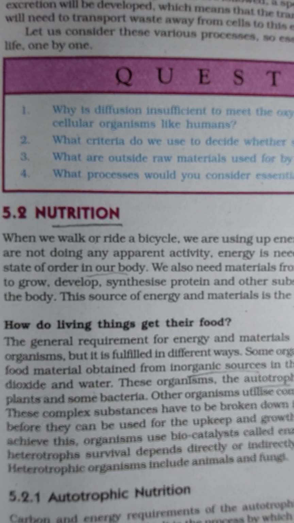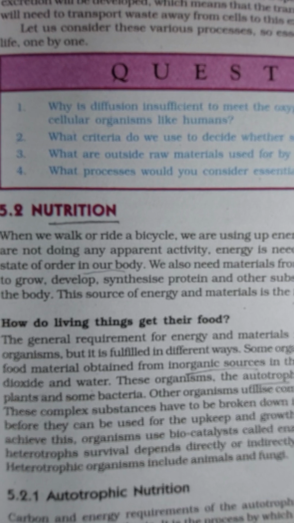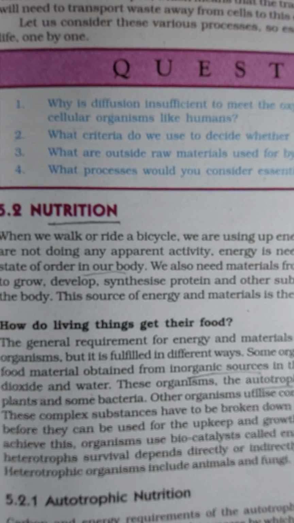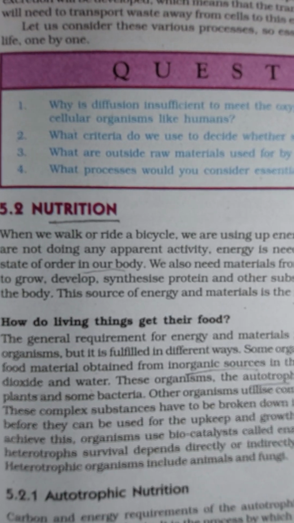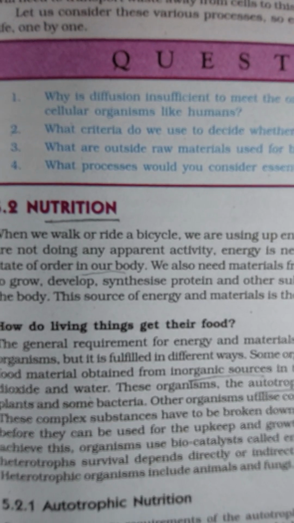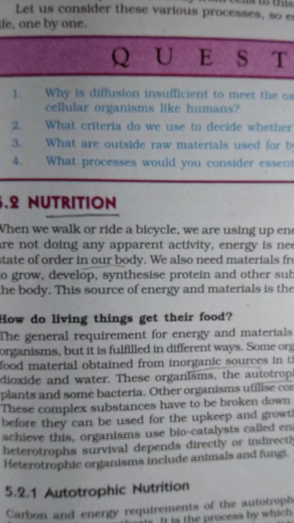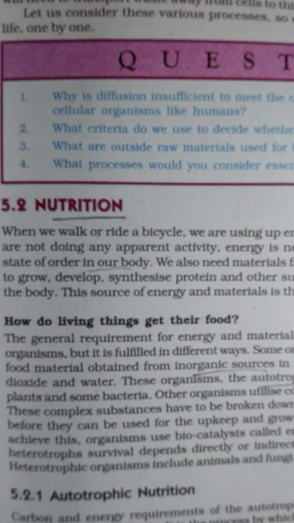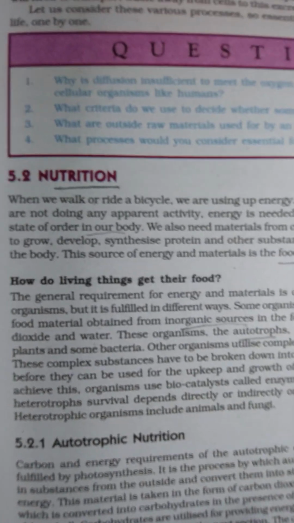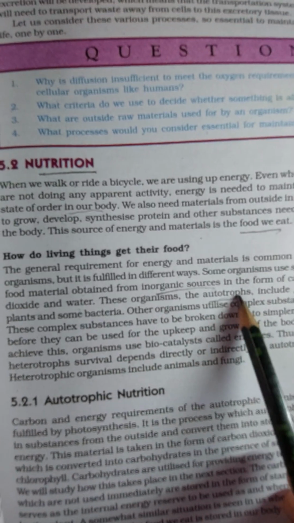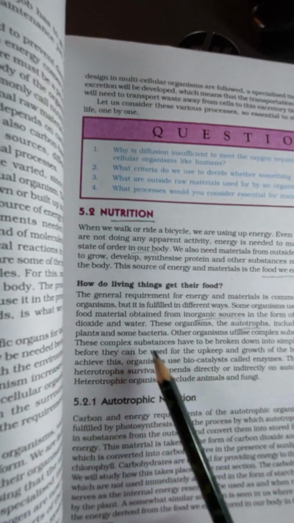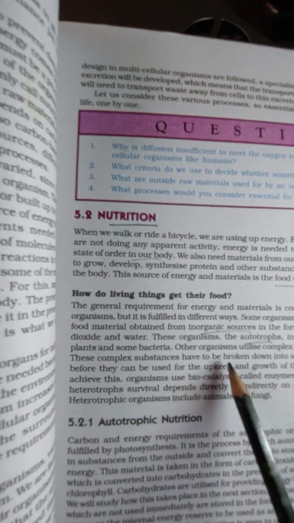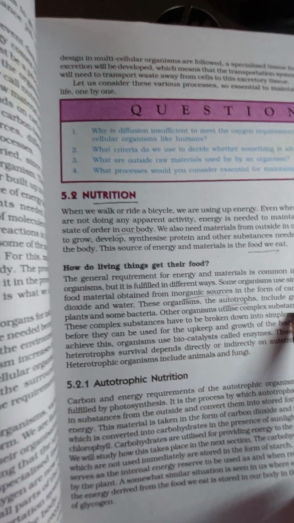So all the green plants, all those plants which have chlorophyll in them, are capable of synthesizing usable energy in the form of glucose from these inorganic raw materials. All these types of organisms are known as autotrophs. These autotrophs include green plants and some bacteria, and other organisms utilize complex substances.